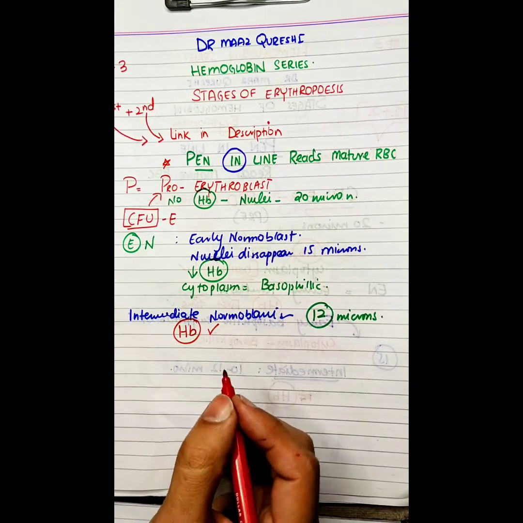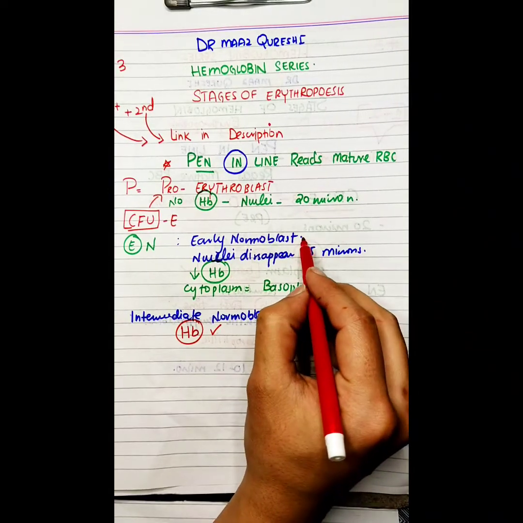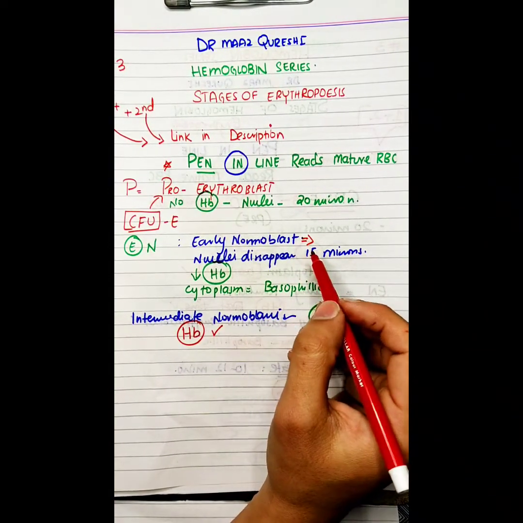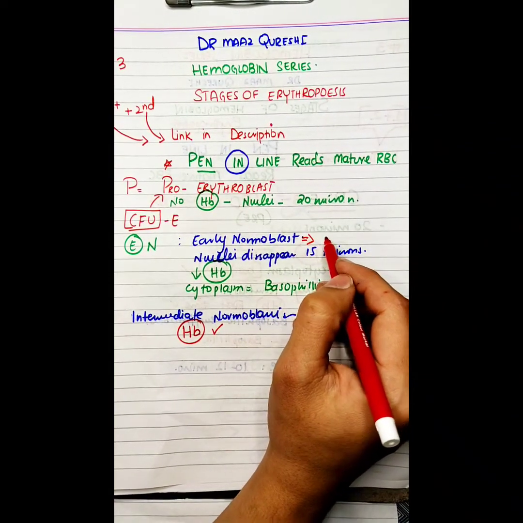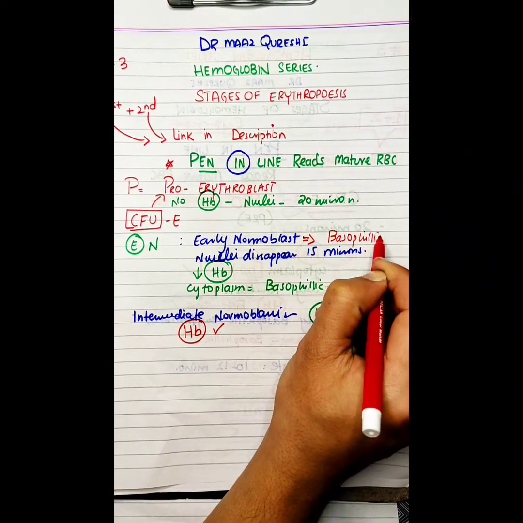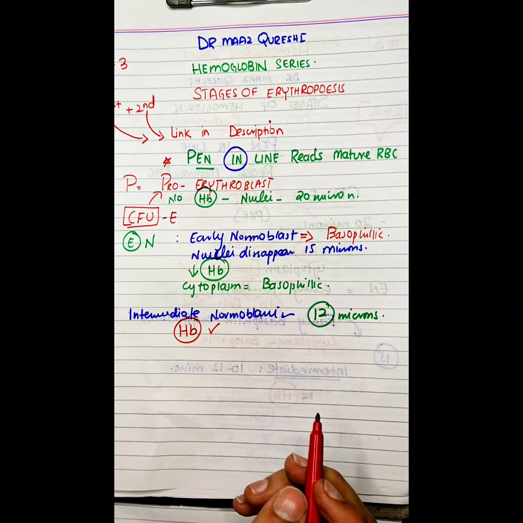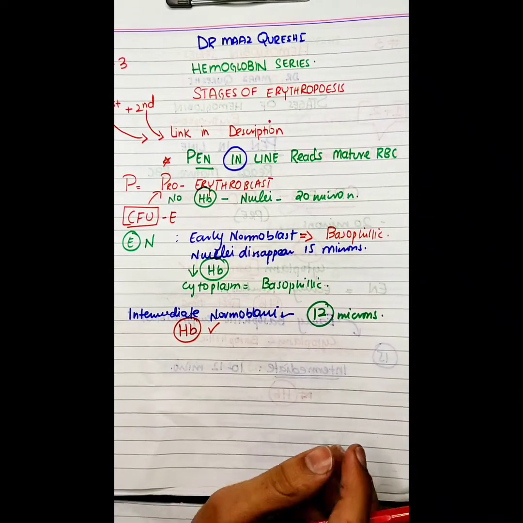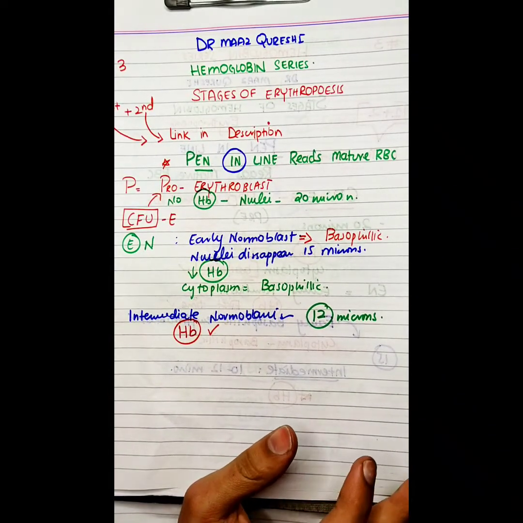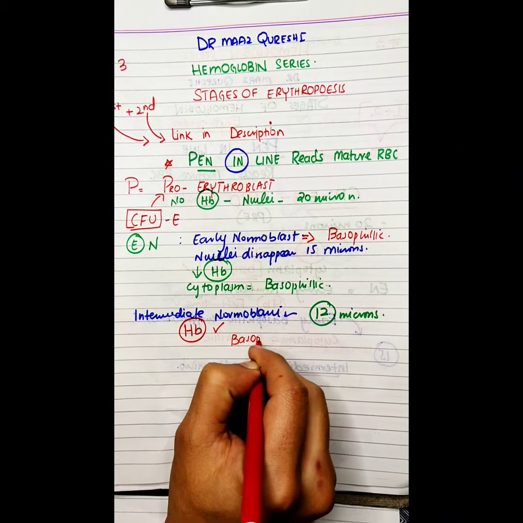One thing I missed: the early normoblast can also be called the basophilic normoblast. So in the intermediate normoblast, you can see hemoglobin for the first time, and the cytoplasm is still basophilic.